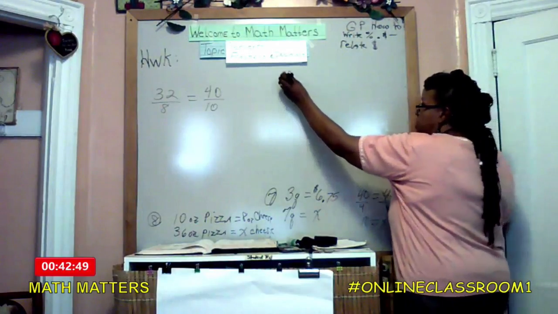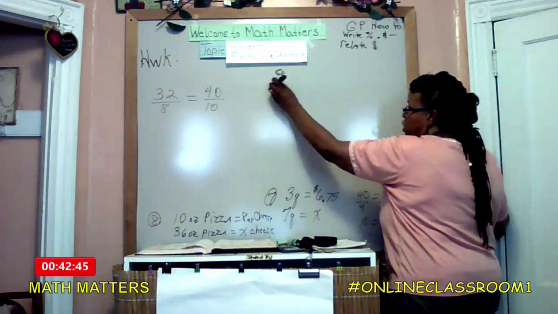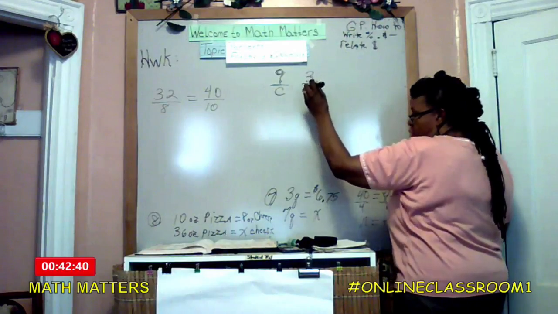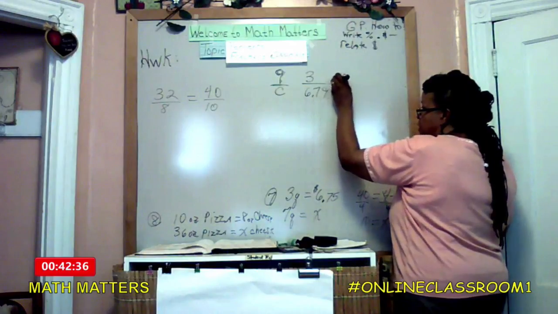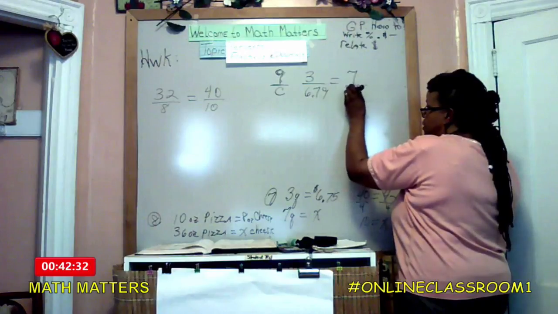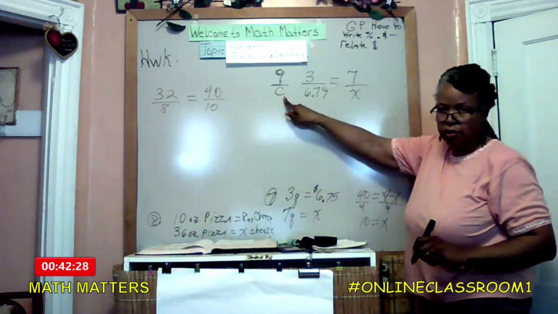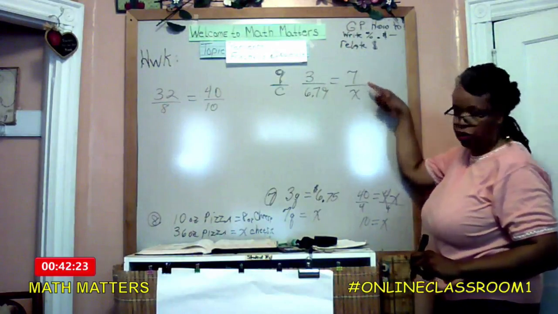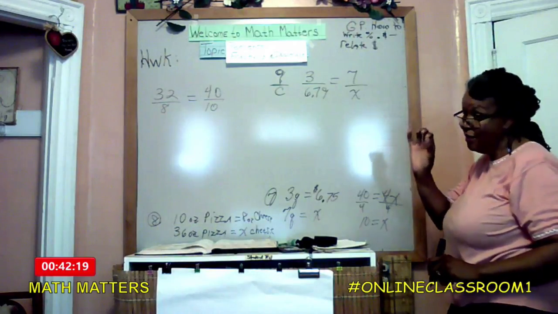So quarts to cost. 3 quarts cost $6.79. How much would 7 quarts cost? Quarts to cost equals quarts to cost. Don't mix it up. Keep it together.